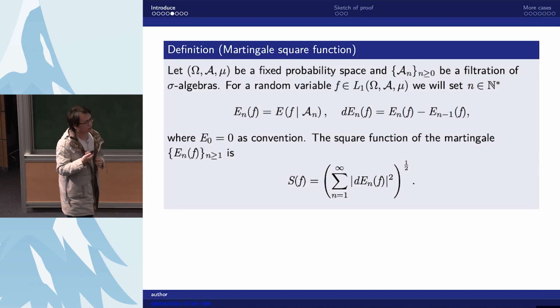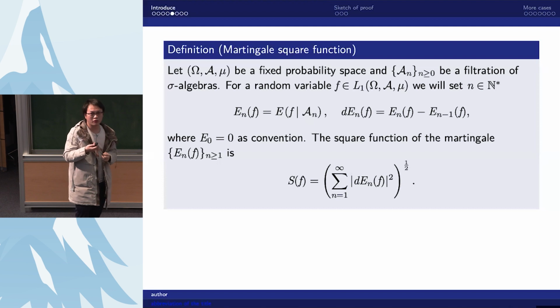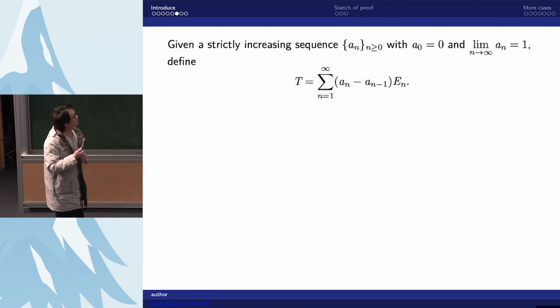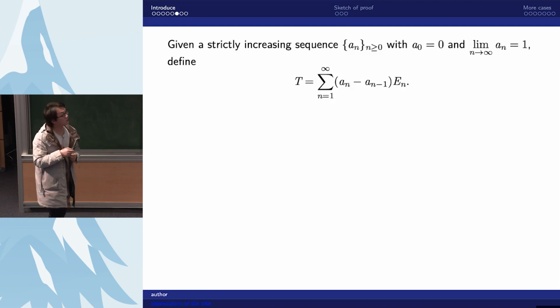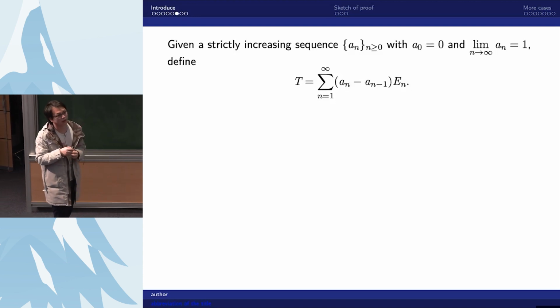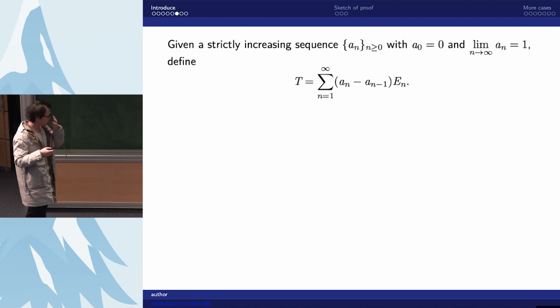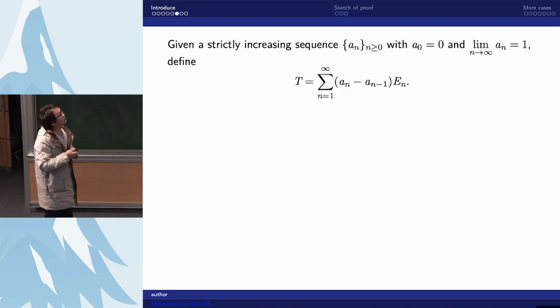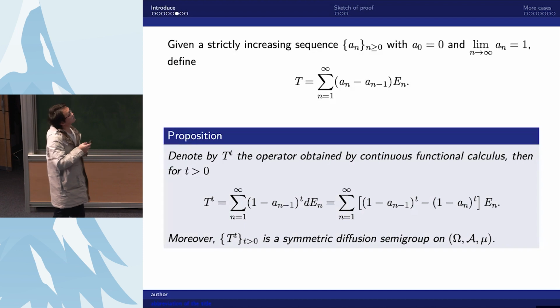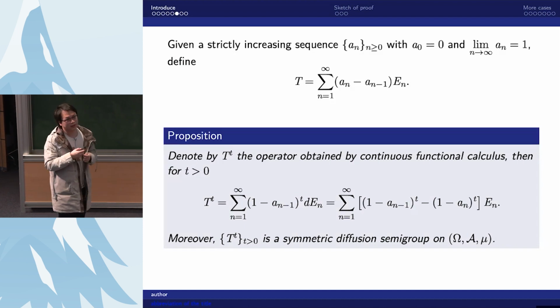Now we go to our special diffusion semigroup. Given a strictly increasing sequence a_n with a_0 equal to 0 and a_n going to 1 when n goes to infinity, define the operator T as the sum of (a_n minus a_{n-1}) times E_n. Denote by T^t the operator obtained by continuous functional calculus.